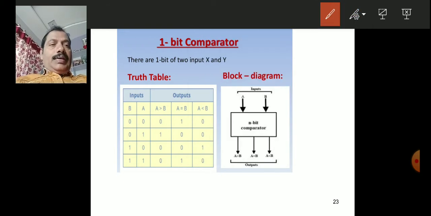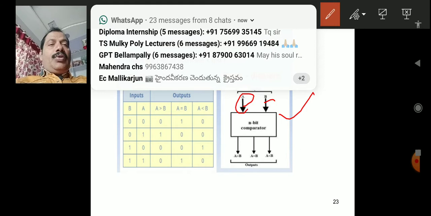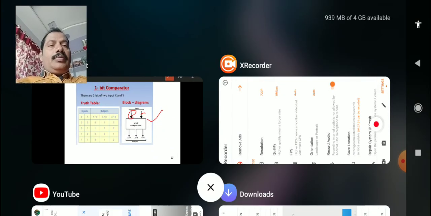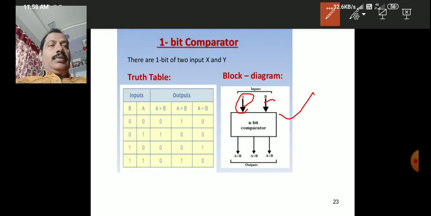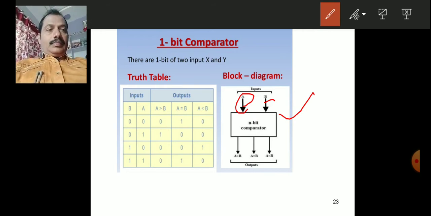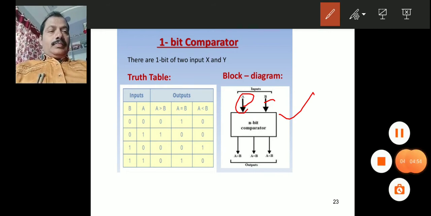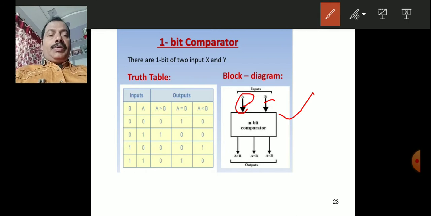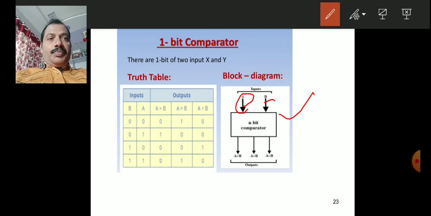You see, this is the n-bit comparator. That means A is not a single bit, B is not a single bit. A is more than 1 bit, that means A0, A1, A2, A3, and B0, B1, B2, B3 and so on up to Bn.